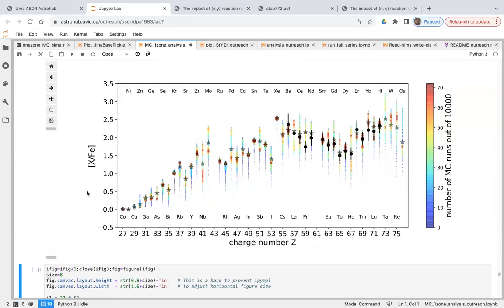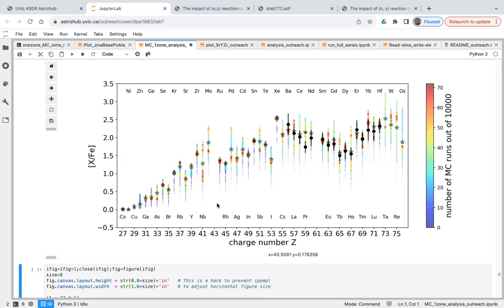what is plotted here is with the dilution coefficient, as I explained, taken into account. This is an analog of the elemental abundance ratio with respect to iron in square brackets. It's close to what is observed in stars. But as I said, we have to adjust, again, shift along the vertical axis, because these are one-zone simulations that don't provide the right absolute abundances.